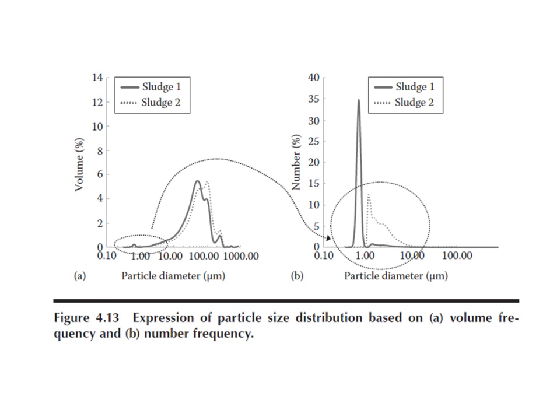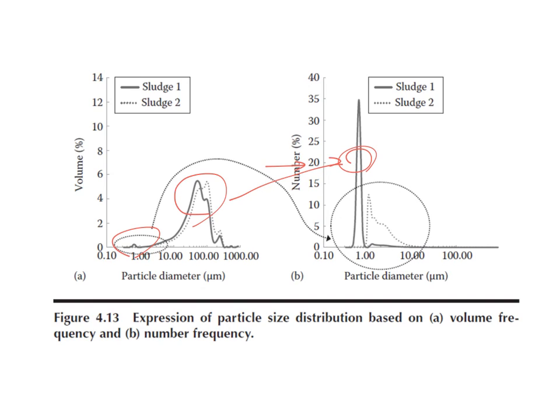So this is a typical situation that although we have a very small number of small particles, if you look at the volume particle size distribution and convert that to the number particle size distribution, the solid line is converted to this solid line.